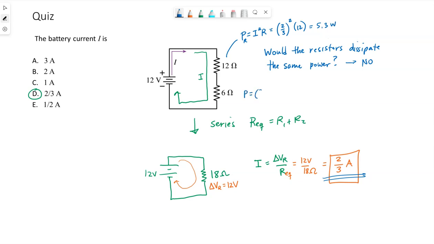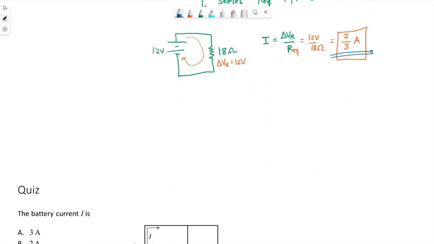This one would be 2.7 watts. The larger resistor in this case would have more power because they have the same current in series. All right, so we get 2/3 of an amp here. Let's look at this next question.